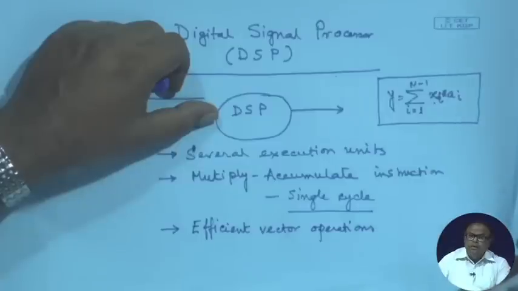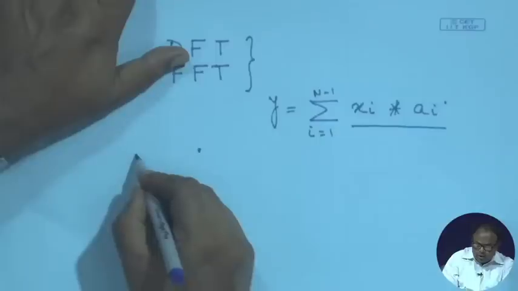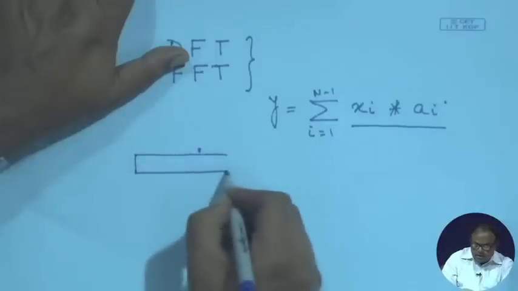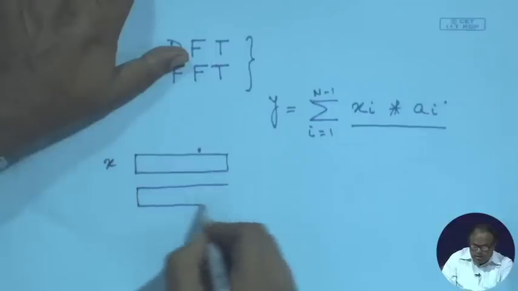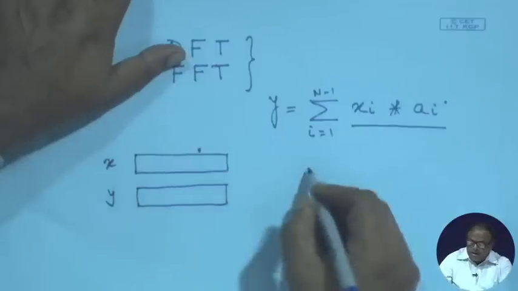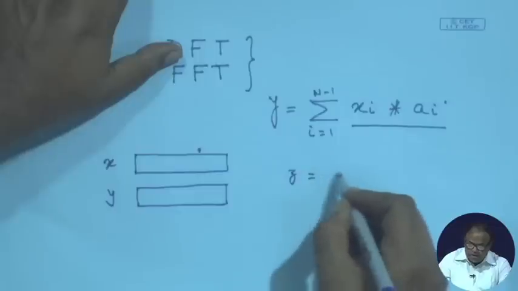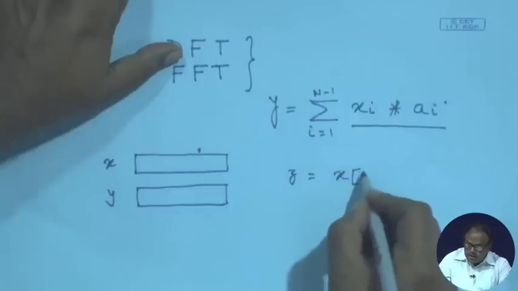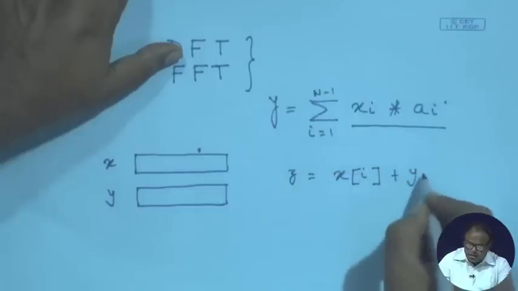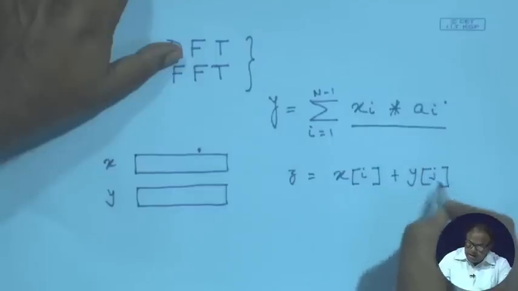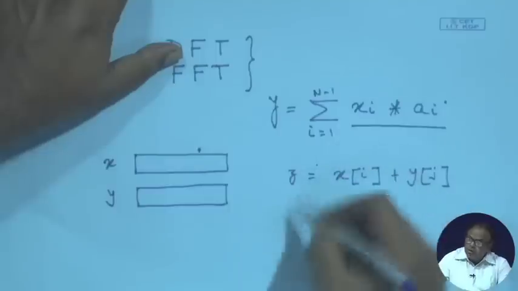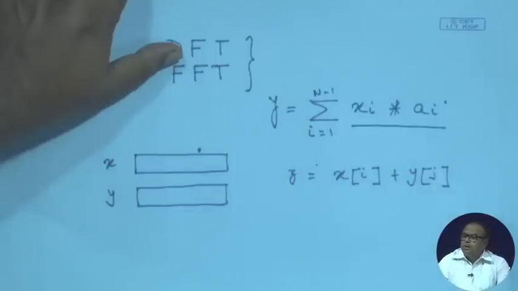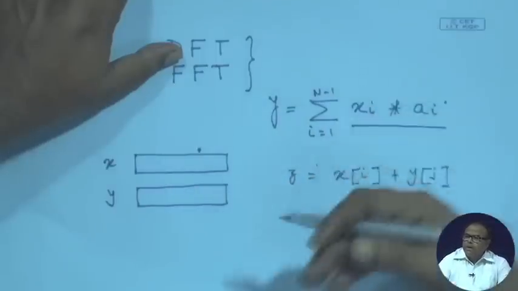Like for example, efficient vector operations. For example, it is often the case that there are 2 arrays, one is say x, another is y, and a lot of operations can be say x[i] plus y[i], and we repeat it for i from 1 to n or something like that.